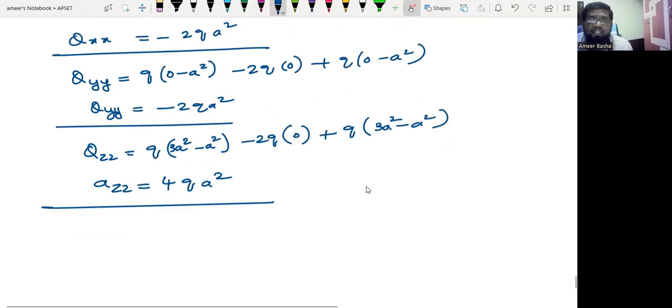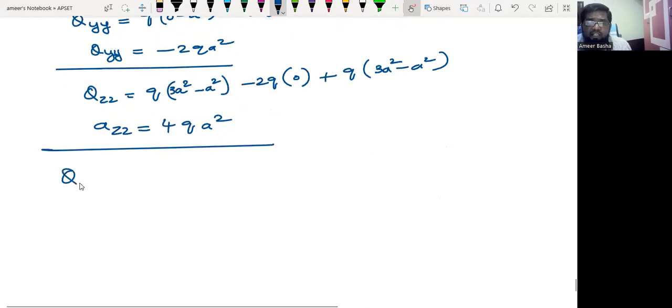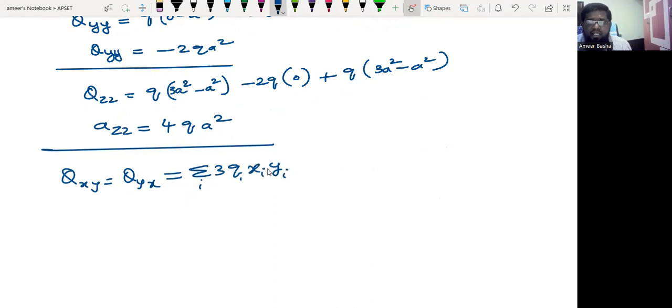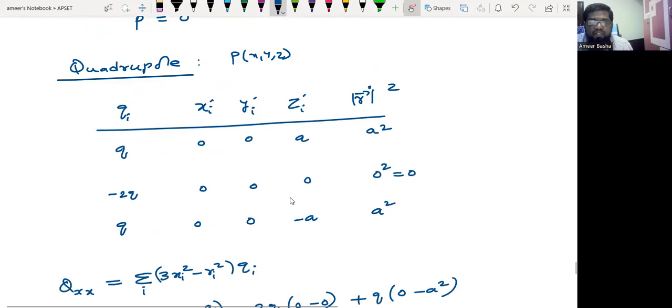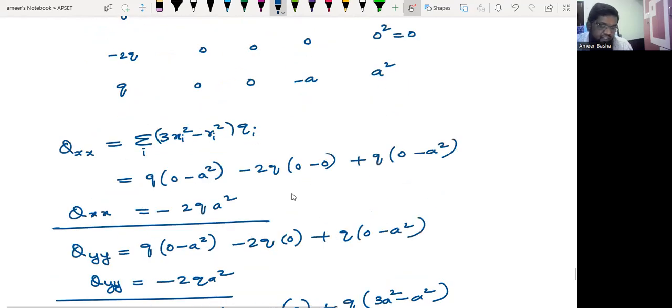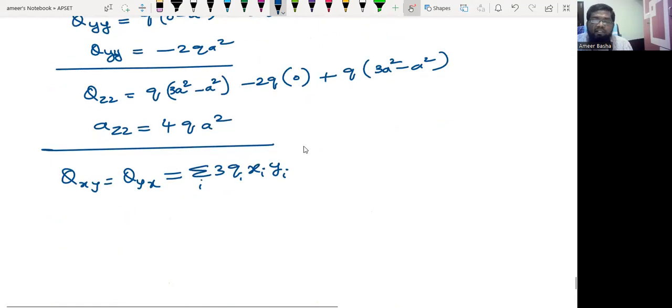Okay. So next elements will be xy and again yx. Both. So that is simply sigma i 3qi xi yi. So q1, q2, q3, the products we required. As x is also 0 and y is also 0, any term involving x and y will get zeros. So definitely this is 0.